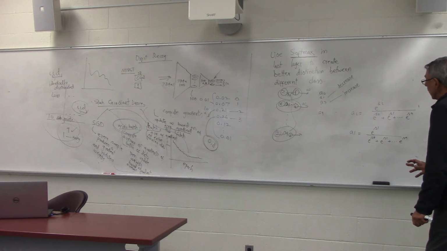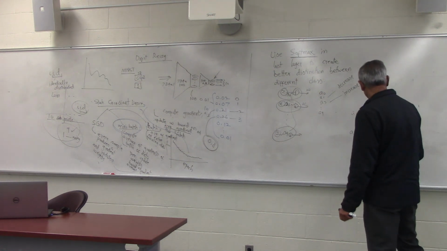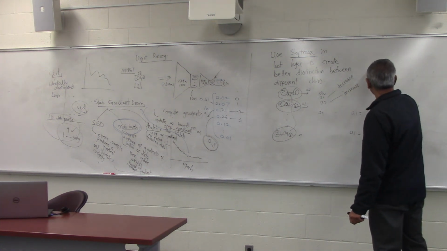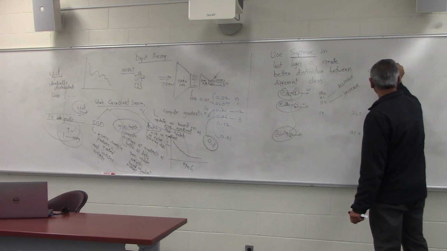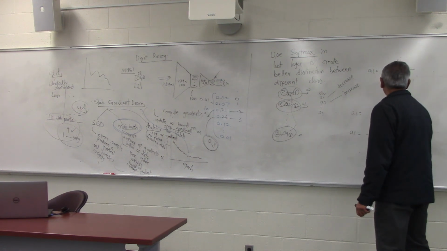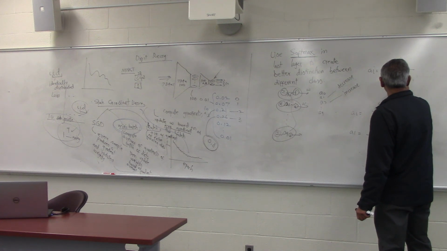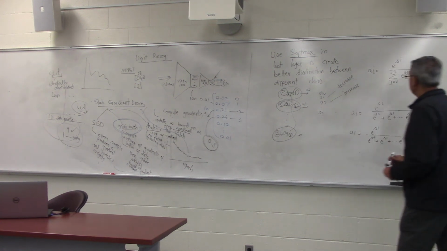I can alternatively represent this, right? This A of i, as you can see, is e to the S of i over the summation, j equal to 0 through 9, e to the Sj. Everybody agrees?